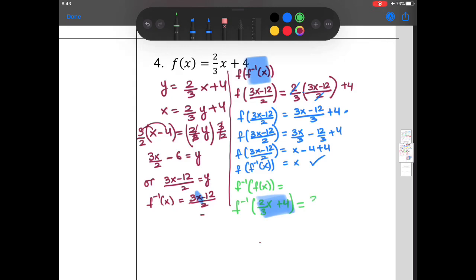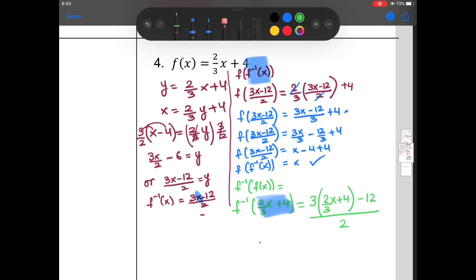So I would write 3, and then this whole thing, 2 over 3 x plus 4. Be very careful here, and I'll tell you why. And the rest of it is minus 12, all over 2.